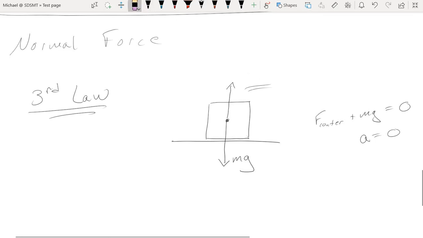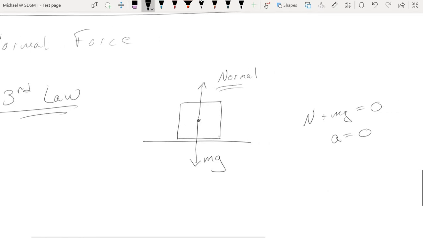And that name is going to be, surprise, surprise, the normal force. And so we'll come down here and we will replace the counterforce with our normal force.